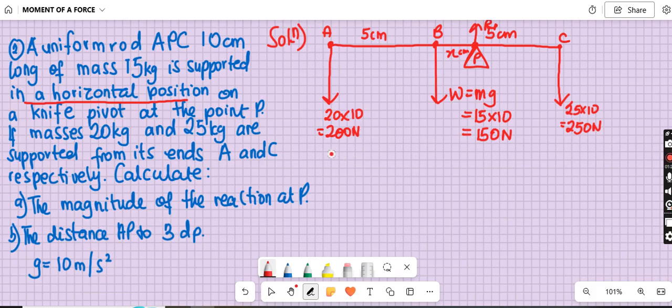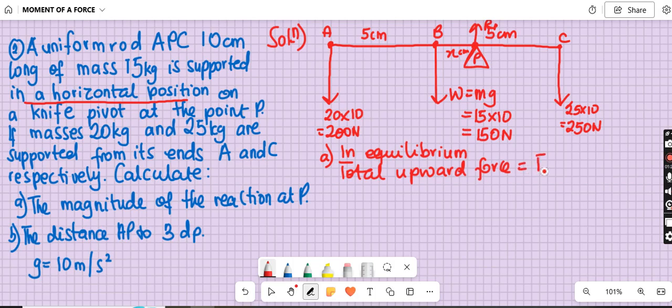Now we can see clearly our diagram. Since our uniform rod is in equilibrium, our first condition will apply, which is that the total upward force will be equal to the total downward force. The upward force, we have only one.